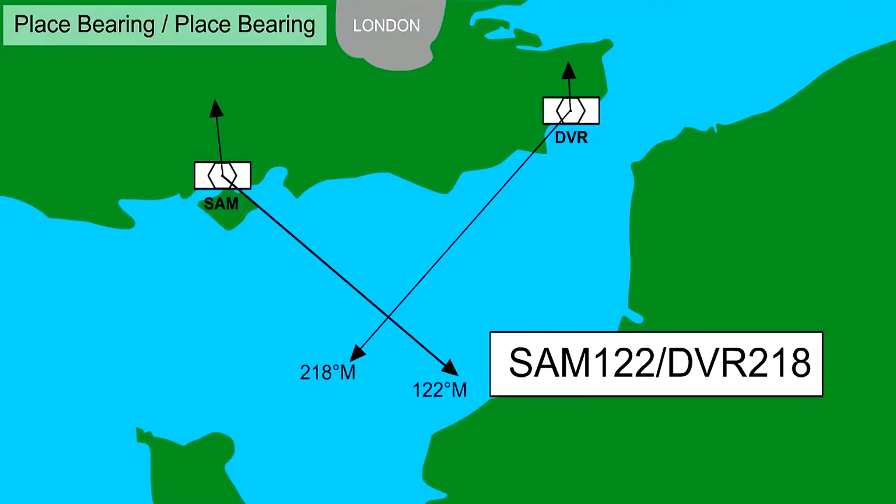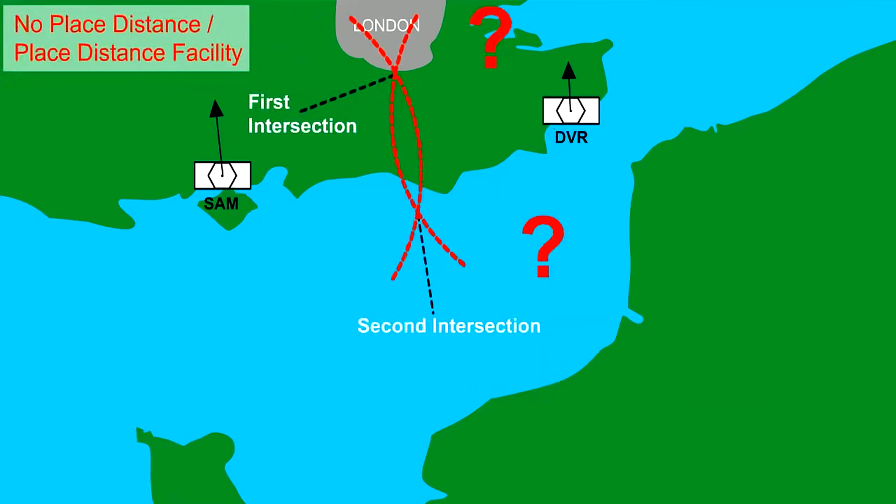Sierra Alpha Mike 122/Delta Victor Romeo 218 is where the 122 Southampton radial crosses the 218 Dover radial. Note, however, that there is no place distance/place distance facility, as this would result in two possible solutions and the FMC would not know which one to take.